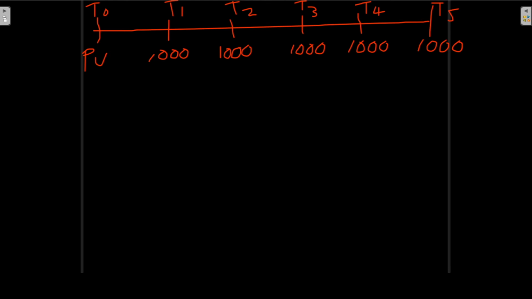Okay, so the way in which we will do that is we will move each of these payments, we will move them to time T0. So first of all, if I move the first payment to time T0, then let me call that the present value for the first payment, PV1.